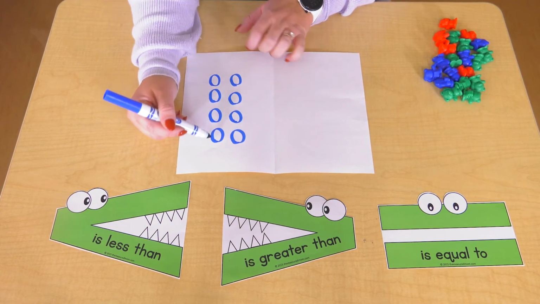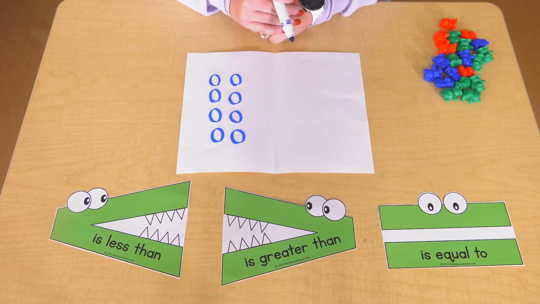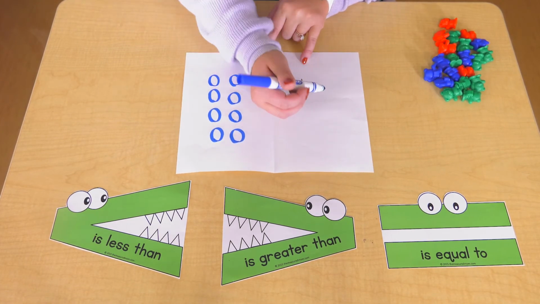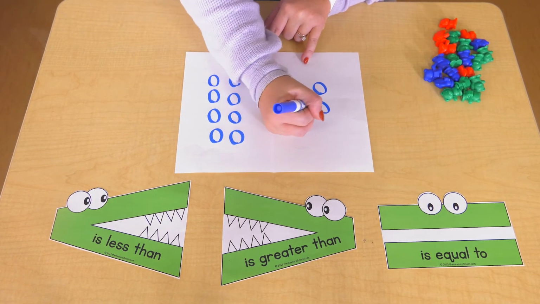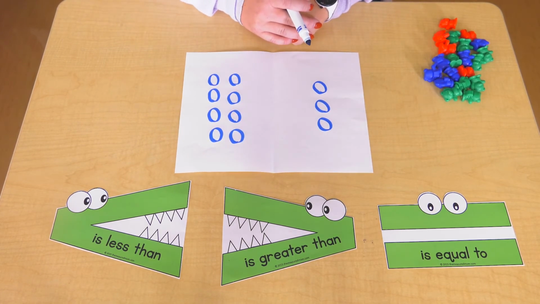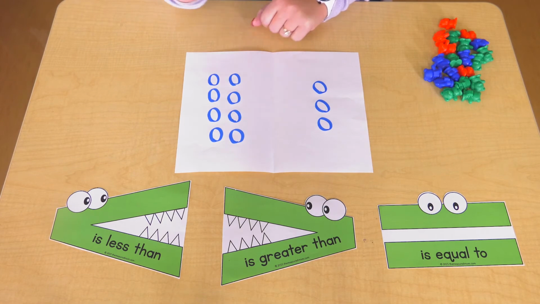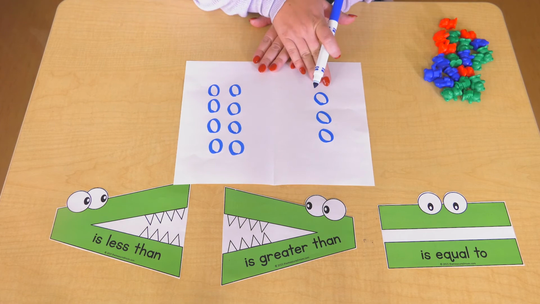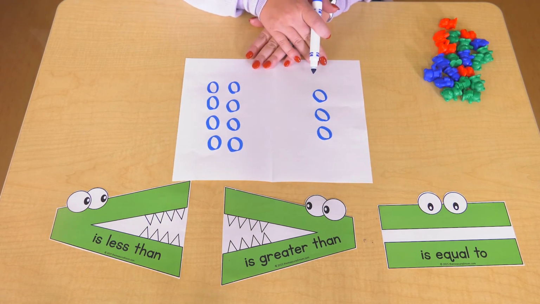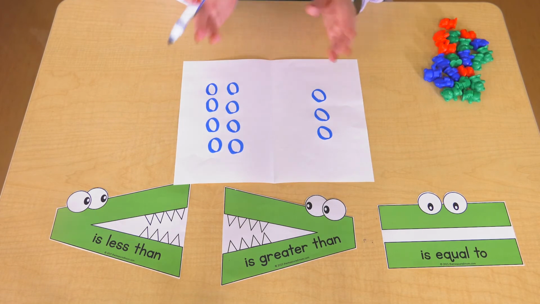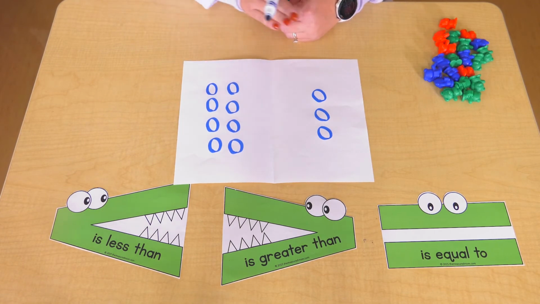After you draw the 8 circles on one side, on the other side, I want you to draw 3 circles. 1, 2, 3. On one side we have 8 circles, and on one side we have 3 circles. Which side has more circles? Which number is bigger, 8 or 3?